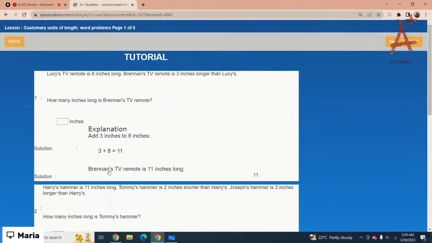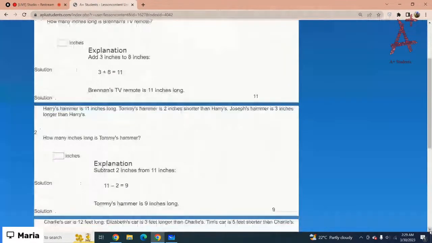That means if Lucy's is 8, Brennan's would be 3 more. So you have to add 8 plus 3, and 8 plus 3 makes 11 inches long. Got it?